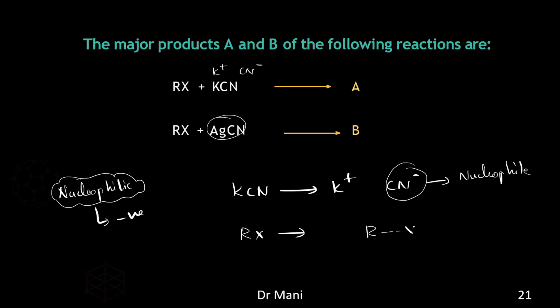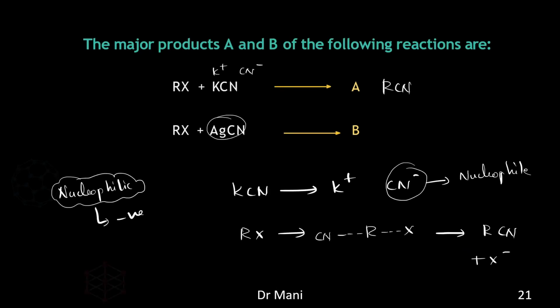There will be bond breakage between the R and X, and bond formation between the R and CN as it is a nucleophile, resulting in the formation of RCN plus X minus. Understood? So this reaction is called a nucleophilic substitution reaction. So what is the product formed here? RCN. Simple one, very basic one.